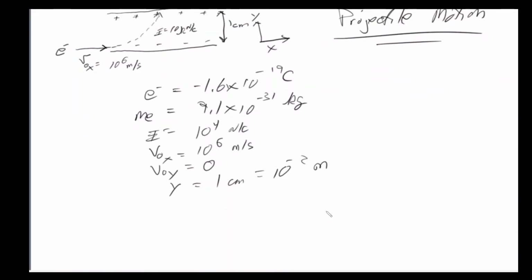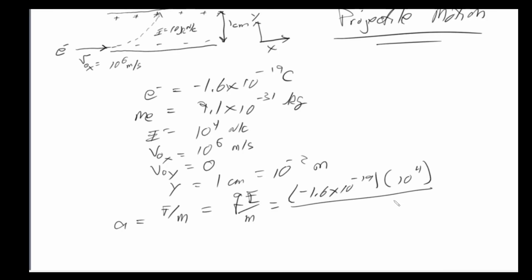So the first thing we can determine is acceleration. Acceleration is equal to force over mass. And in this case, force is equal to Q times the electric field, over mass, which is equal to Q of the electron, minus 1.6 times 10 to the minus 19th, times the electric field, which is 10 to the 4th, over the mass, which is 9.1 times 10 to the minus 31.